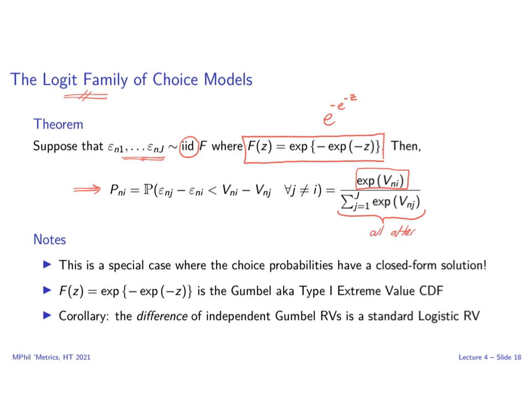The CDF F that appears in this theorem is known as the Gumbel or type 1 extreme value distribution. As a corollary to this theorem, we discover that the difference of two independent Gumbel random variables is a standard logistic random variable.